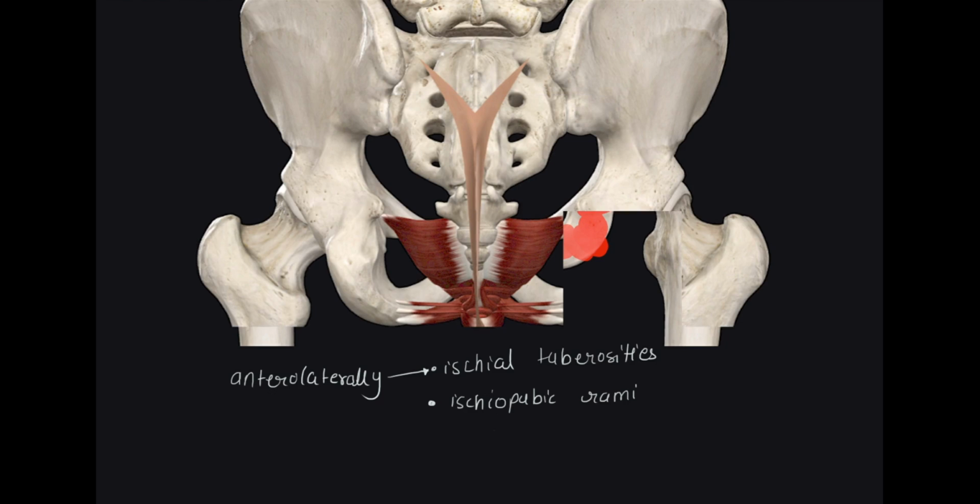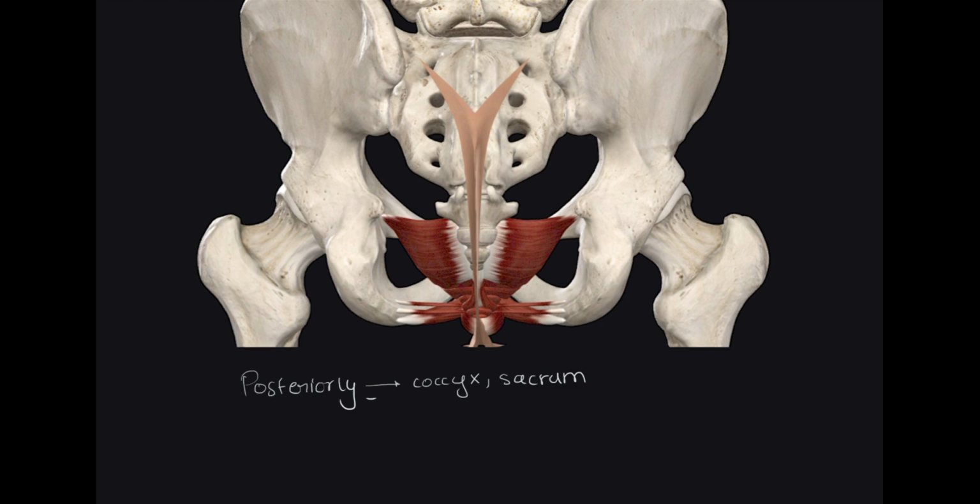Then posteriorly, let us look at the posterior aspect. How can I say this is the posterior aspect? The presence of the coccyx and the sacrum. That's the sacrum, and the coccyx gives us an idea that we are looking at the posterior aspect. So of course the posterior limit is basically the coccyx and the sacrum.